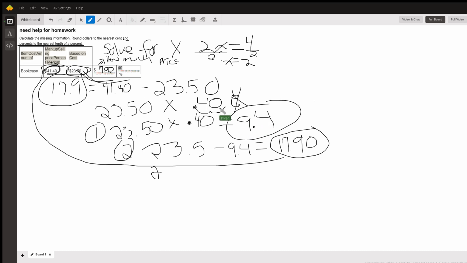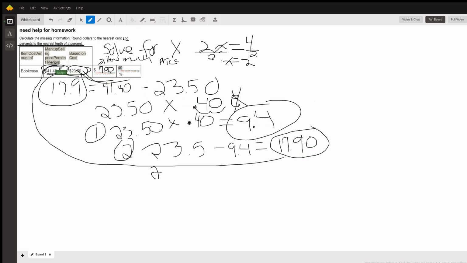Then subtract 9.4 from 2350, since 9.4 is 40% of 2350. So you subtract 9.4 from 2350 to get the exact number for 40% of 2350, which is 1790.